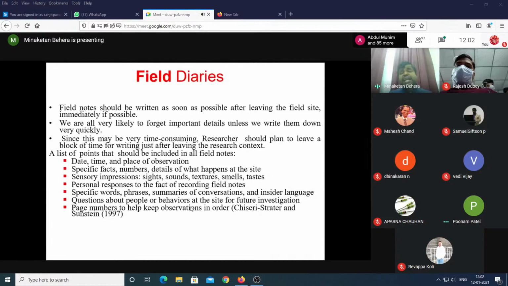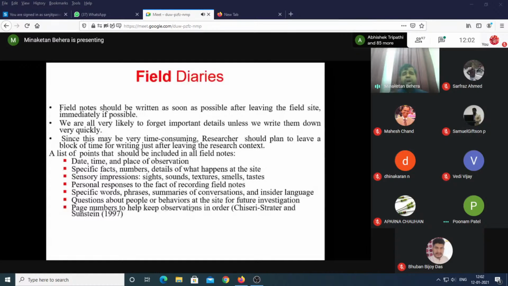Okay, remember one thing: if you are going to the field, your first step is that you have to maintain a field diary. Most researchers forget about that. This will provide a lot of information when you are entering data.